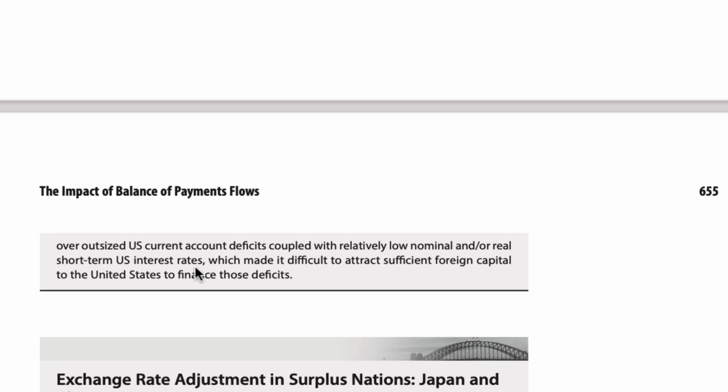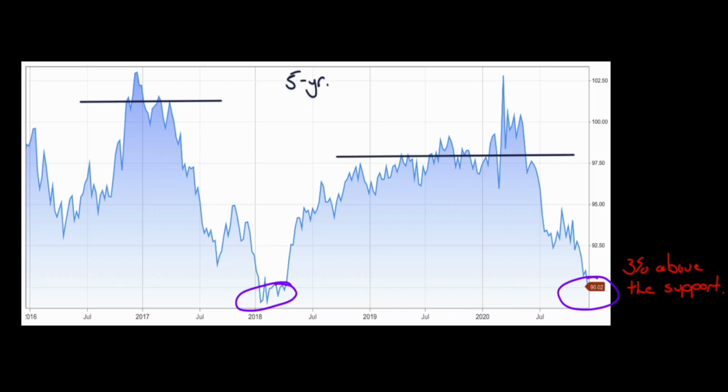Okay, let's look at monetary policy and fiscal policy now, just to put 2 more nails in the coffin here. Actually, before we get to the monetary and fiscal, I wanted to show you the 5-year DXY. We're just zooming in on the last 5 years, and I had a purple line drawn. I'll redraw it here for you, and it was just to show where the current level of support is right now on the DXY.